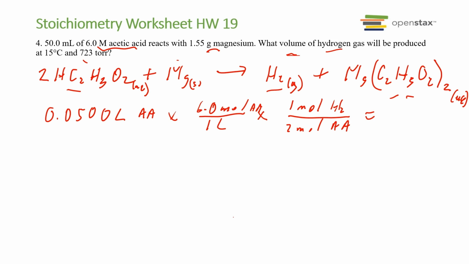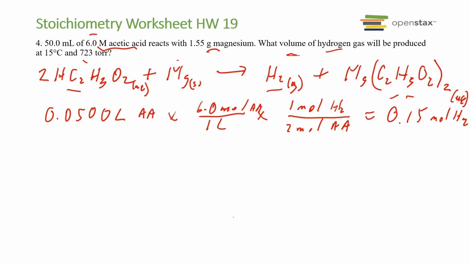And let me calculate that. So it's 0.05 times 6 divided by 2 equals 0.15. And we've got just two significant figures because there's our two significant figures there. So that's moles of H2. Okay, does that make sense?